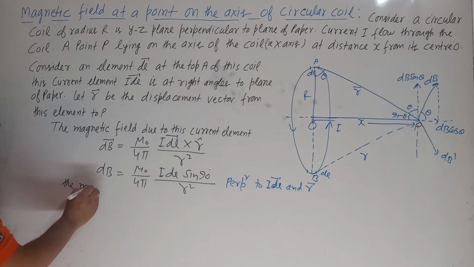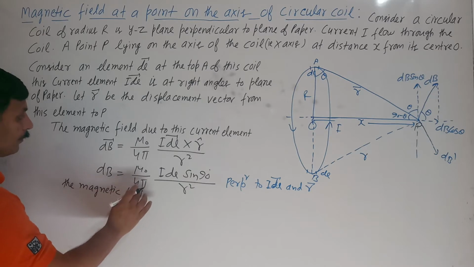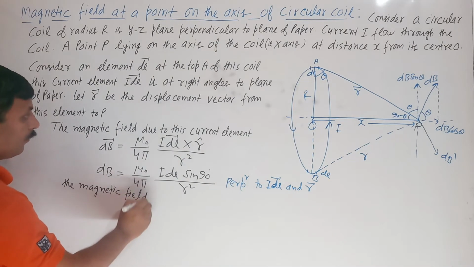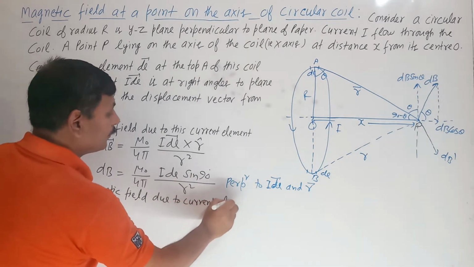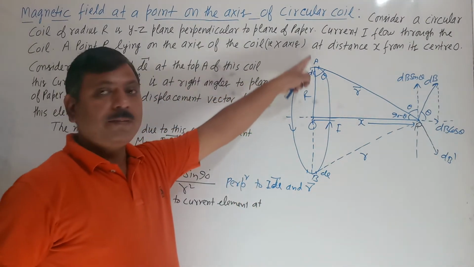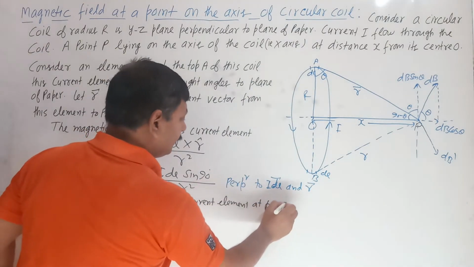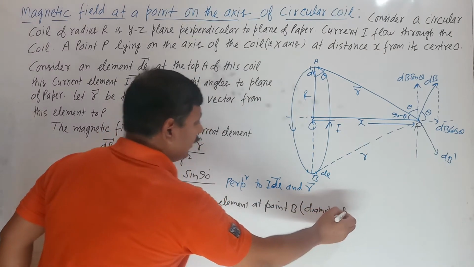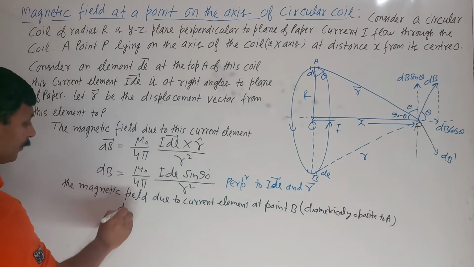The magnetic field due to the current element at A, which I have taken at the top, and diametrically opposite I have taken another point B. At point B, diametrically opposite to A, suppose this is dB dash.